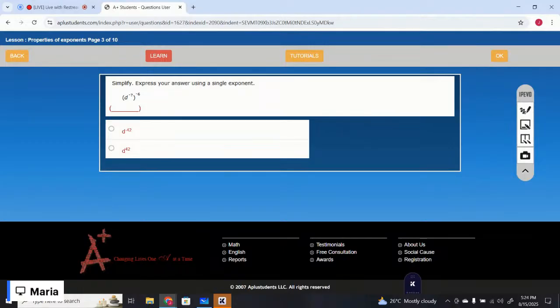So negative 7 times negative 6 is, yes, that is d exponent 42. Option number 2 is the correct option.